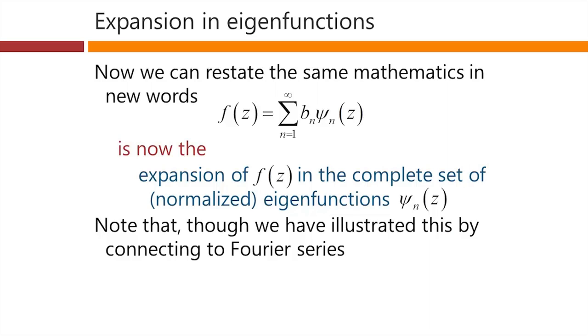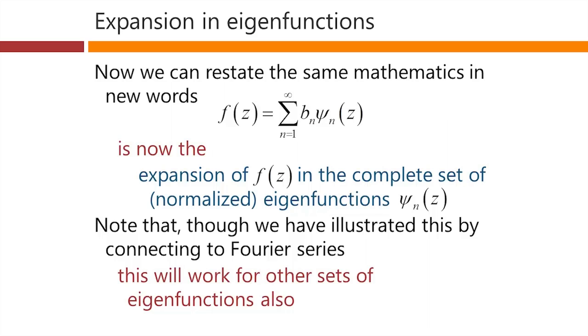And note that, though we've illustrated this by connecting to Fourier series, this will work for other sets of eigenfunctions also. This is a very powerful property of the sets of eigenfunctions of a very broad class of problems. They form complete sets, which means that functions can be expanded in them. And this is a mathematical statement.